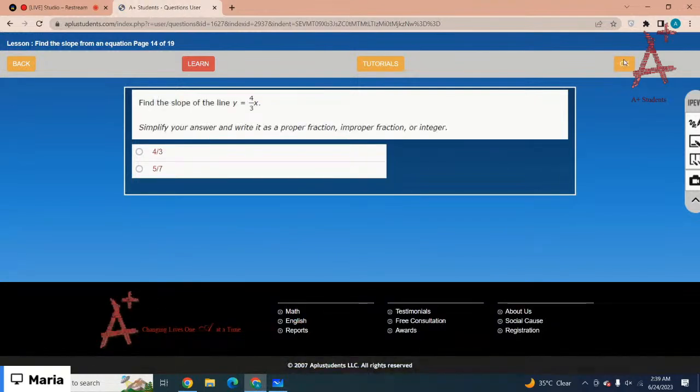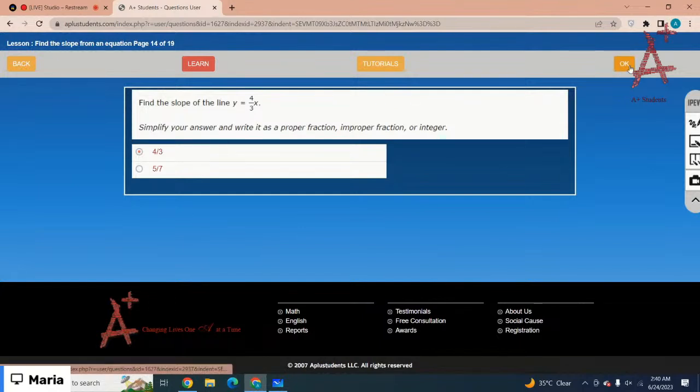Okay, find the slope of the line y equals 4 over 3x. So which is the correct option? Yes, the slope of the line is 4 over 3.